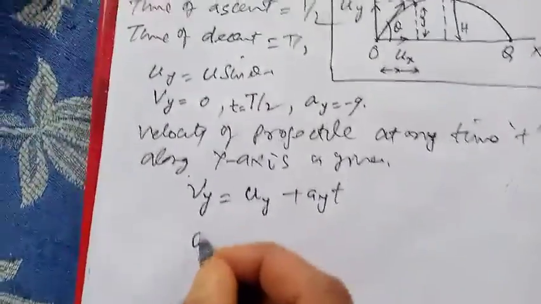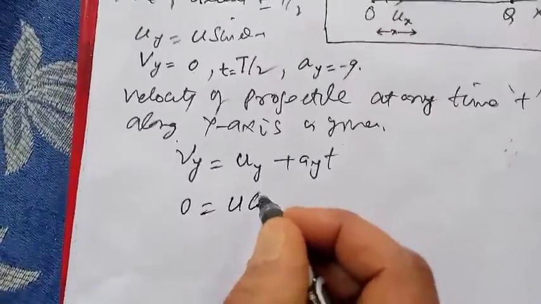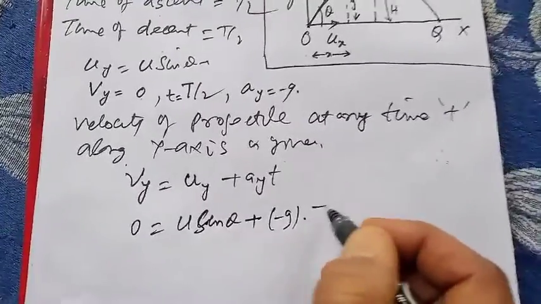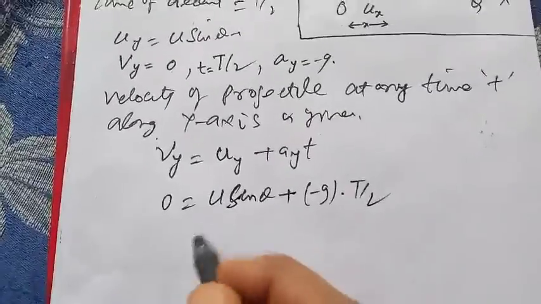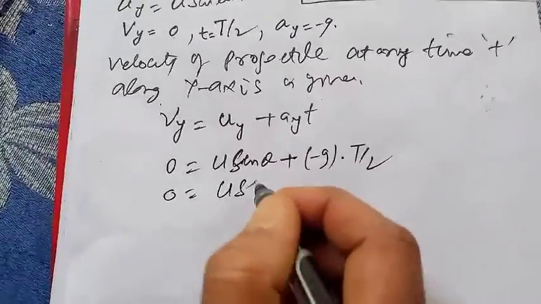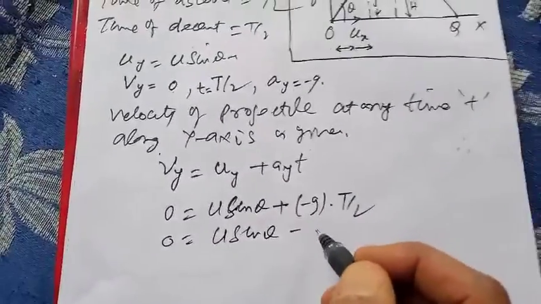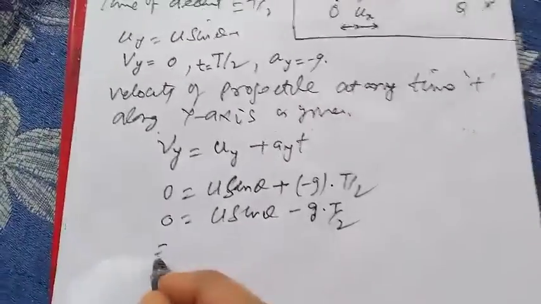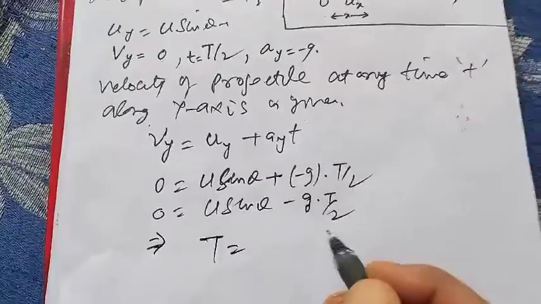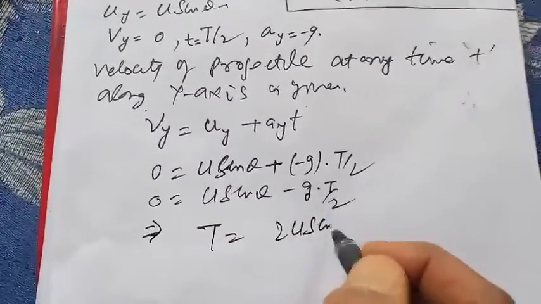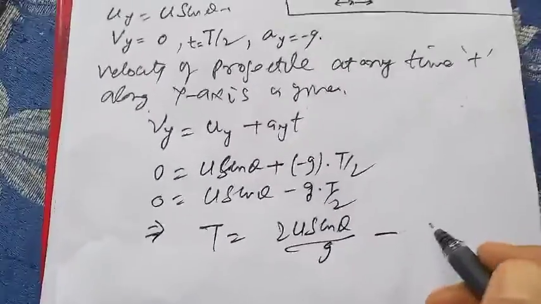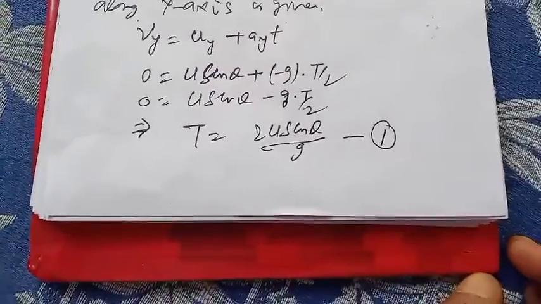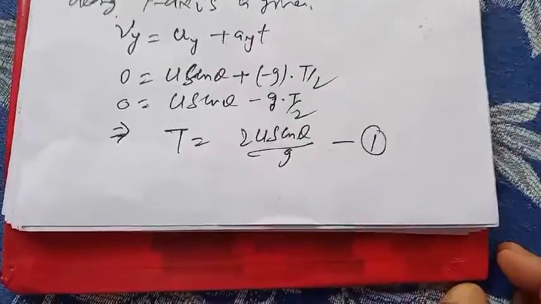Substituting, Vy is 0, uy is u sin theta, ay is minus g, and t is T by 2. This gives 0 equals u sin theta minus gT by 2, which implies T is equal to 2u sin theta divided by g. So this is the time of flight, 2u sin theta by g.